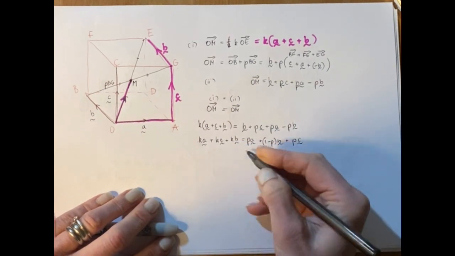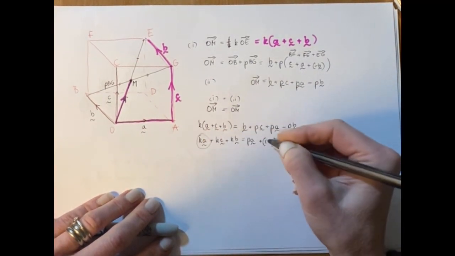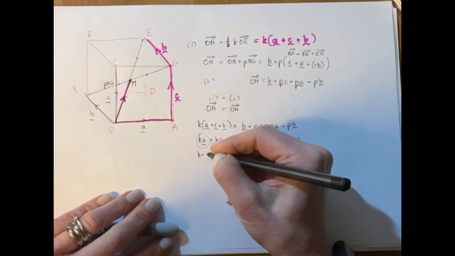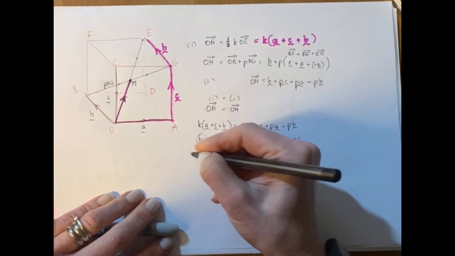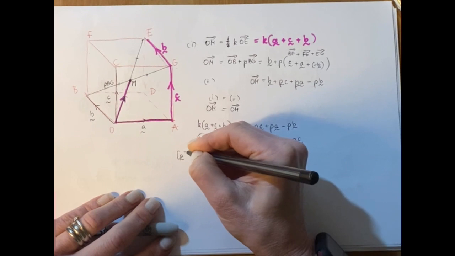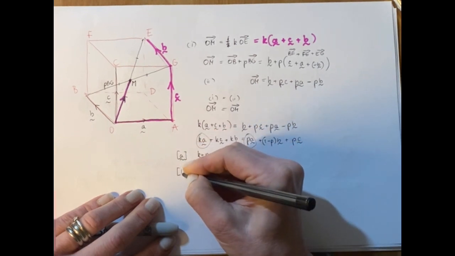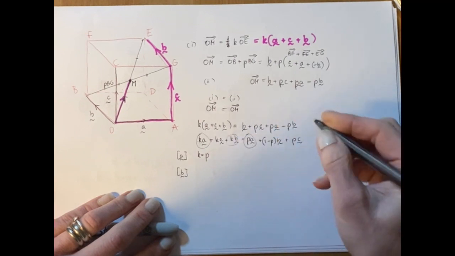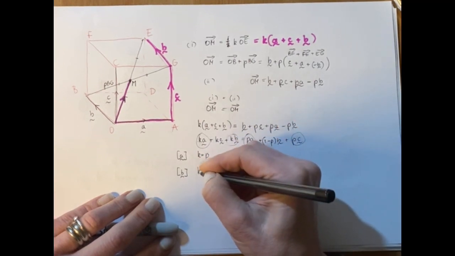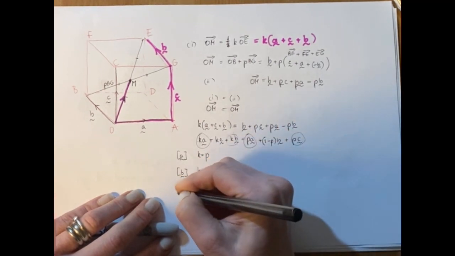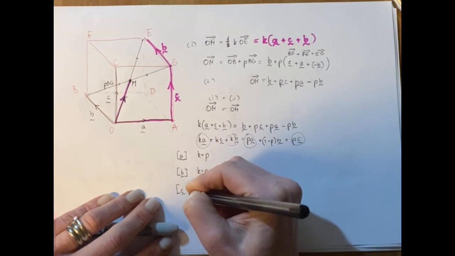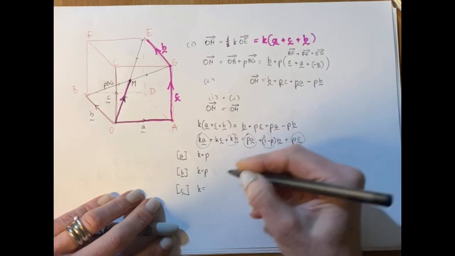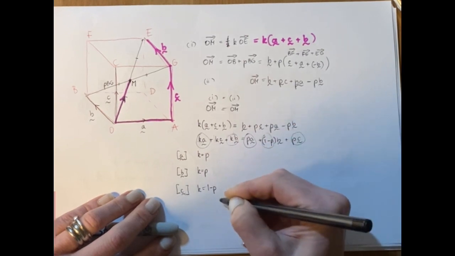So for these to be equal, the number of A's on that side must be equal to the number of A's on that side. So it's k is equal to p. That's by comparing the number of A's. If you compare the number of B's, you've got KB's and PC's. You get the same. So that's not really much. And then comparing the C's, you've got KC's on that side, and you've got 1 minus P on that side.